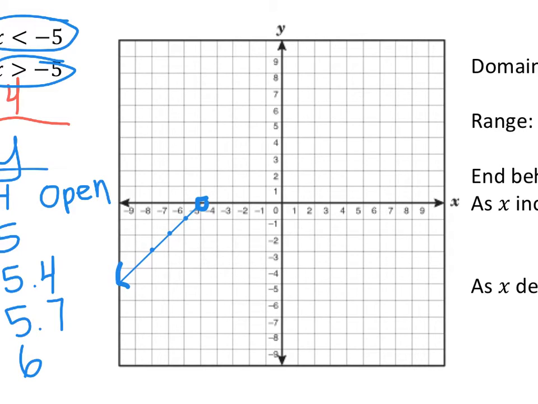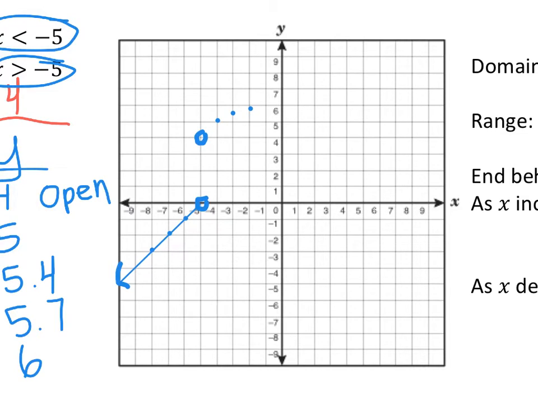Our next function is at -5, +4. So -5, +4, and that also is an open circle. Then -4, +5. -3 is 5.4, so roughly there, 5.7.